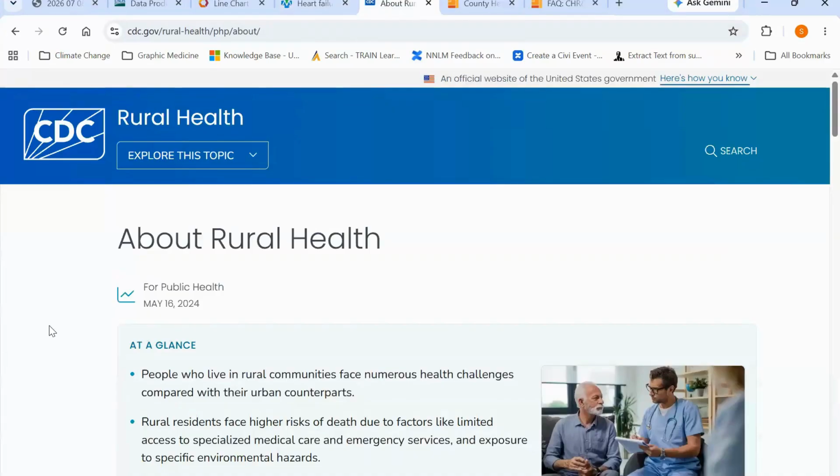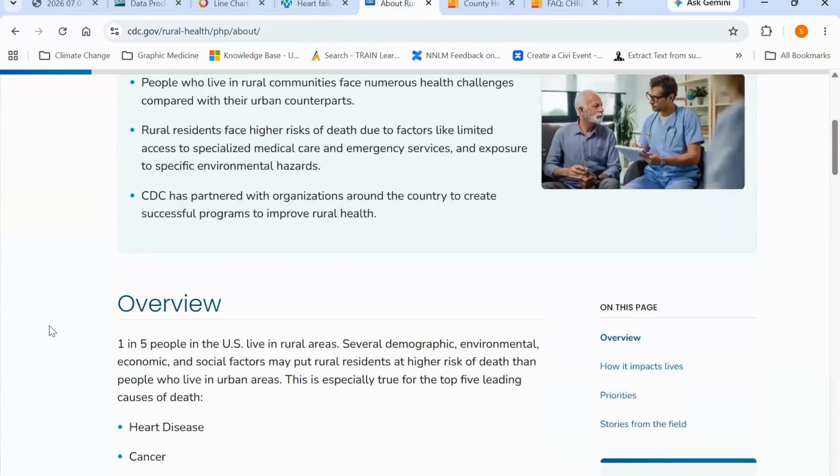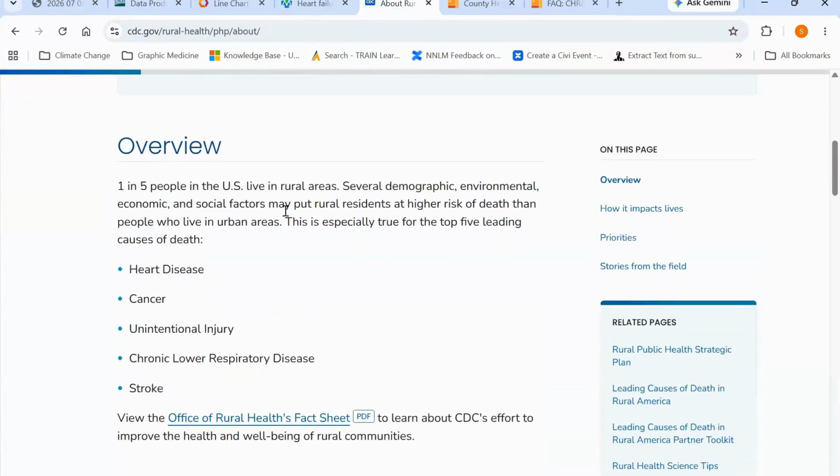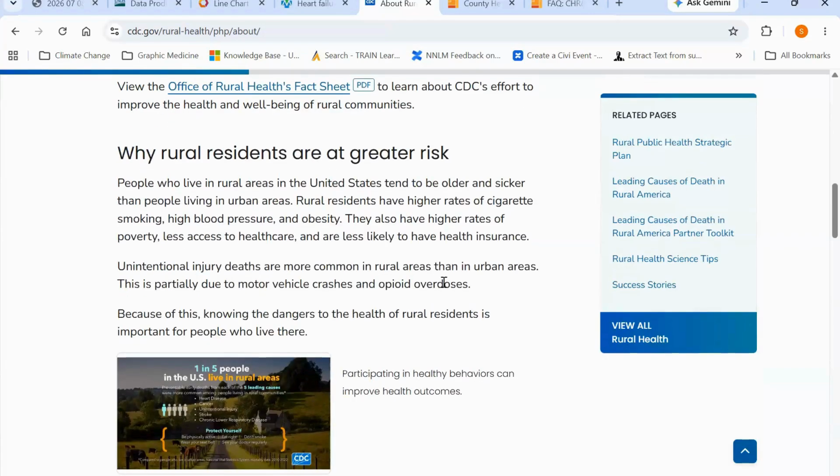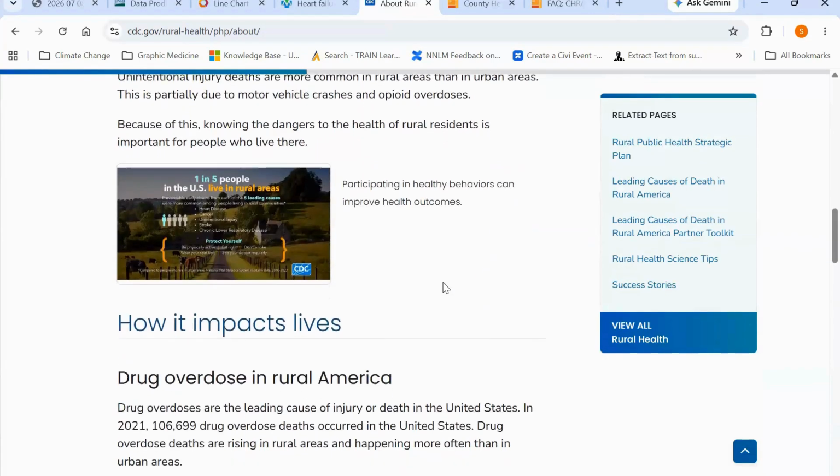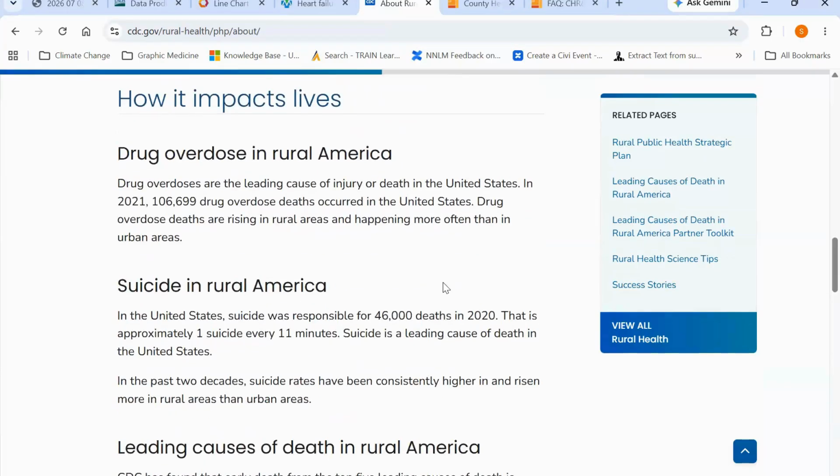I mentioned that the CDC also has a rural health page. So, you know, overview information about some of the health issues that are higher in rural areas, and information about how it impacts people's lives.